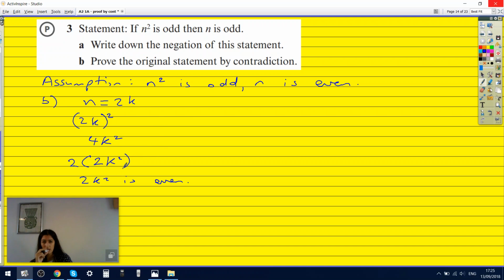So 2k squared is even. k squared will also be even. I don't know if you really need that, because it's a multiple of 2. Let's say n squared is odd, n is even. So n is 2k. That's a negation statement. Yeah.